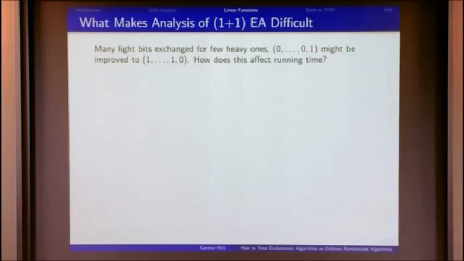Then it could in principle happen that we accept a step that flips all bits in a step, resets the most significant bit from 1 to 0 and flips all the other less significant bits from 0 to 1. We accept this thing because the function value decreases. However, we have lost almost all 0 bits we had before. And this introduces a major complication to the running time analysis.